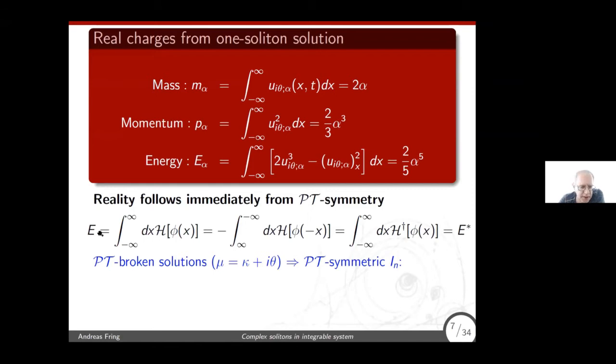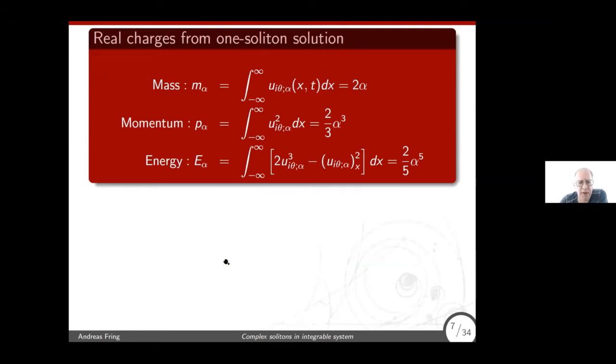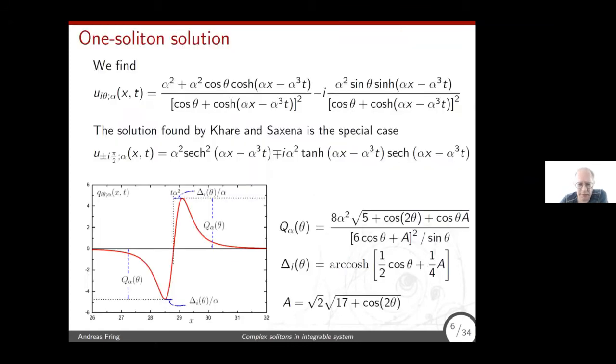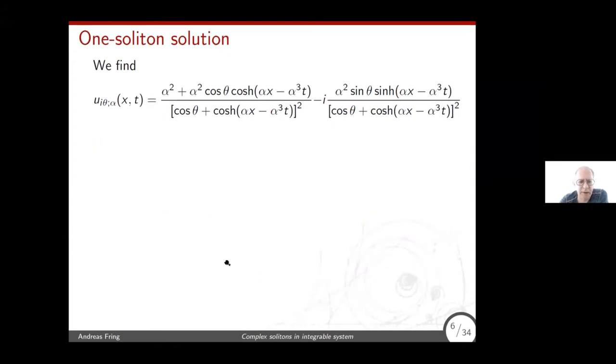Here's a simple argument. When we implement the PT symmetry I wrote down before, then it's a one-line argument to show, without any calculation, that your energy must be real. That's a very simple argument. But now we can break the PT symmetry with this parameter mu I had before. This is the shift parameter.